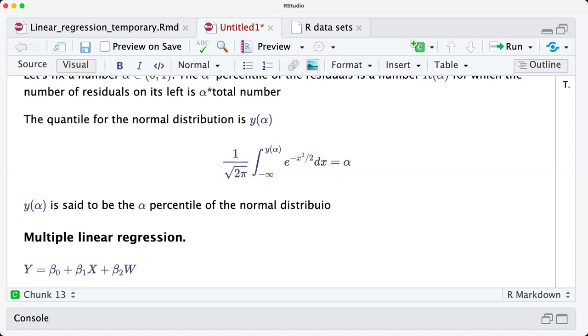I don't know if you have ever opened an old textbook of statistics in which people went really mad, because at the end of this book there were a lot of tables, and those tables were basically computing these percentiles of a normal.